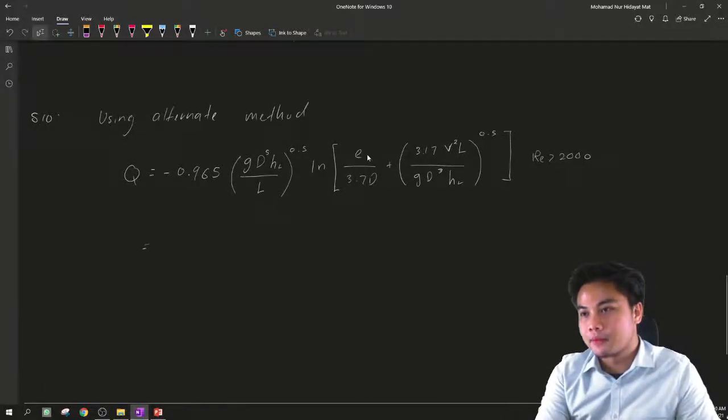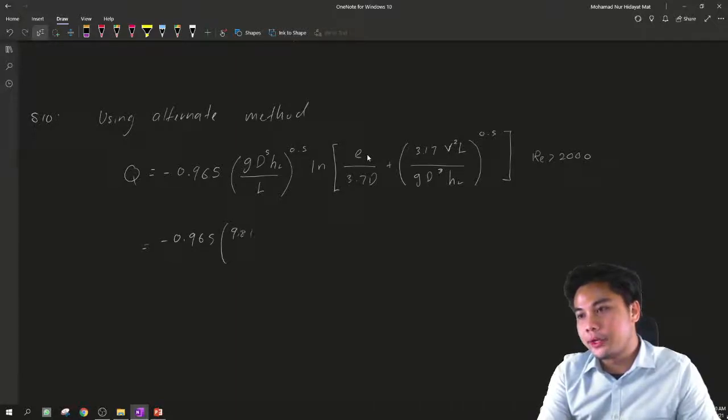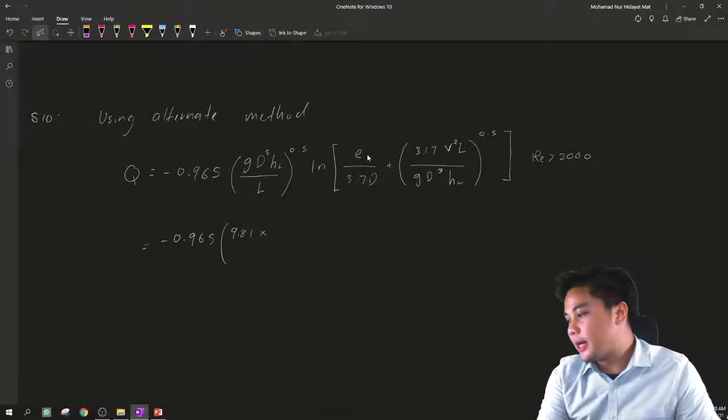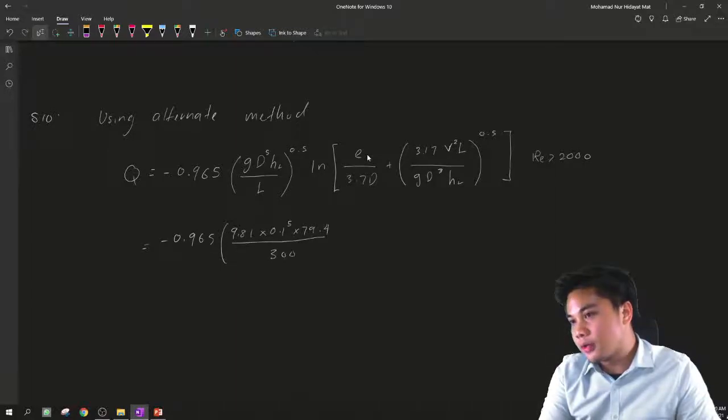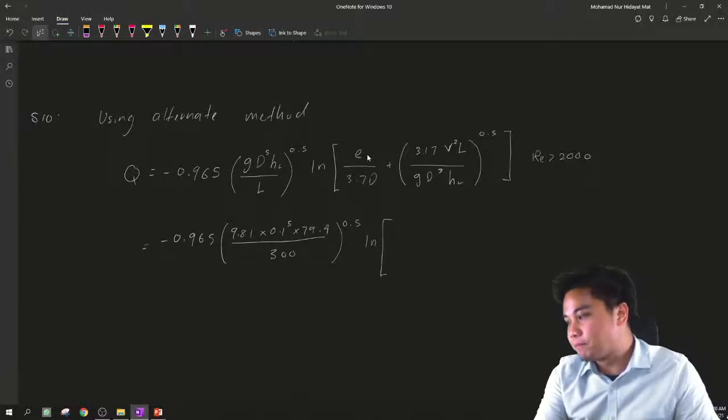So negative 0.965 multiplied by gravity 9.81 multiplied by diameter 0.1 to the power of 5, the head loss 79.4 over 300, the length of pipe, all to the power of 0.5. Then you need to solve inside, which refers to the relative roughness.